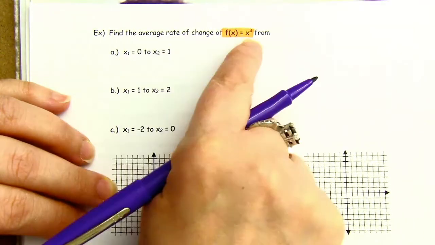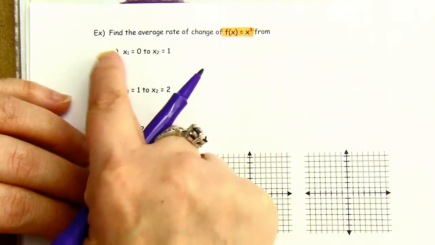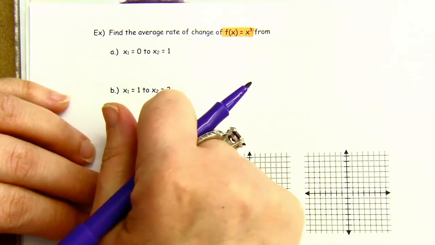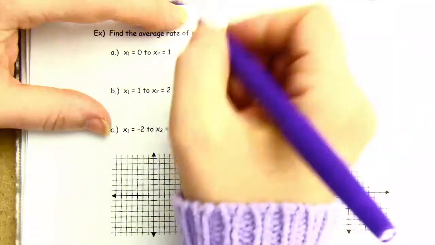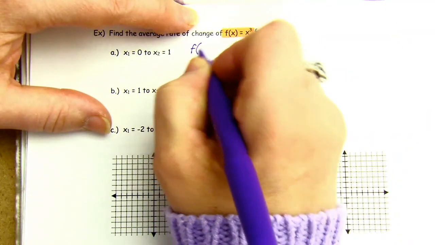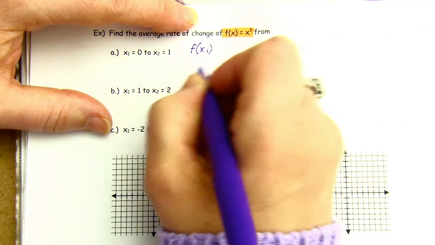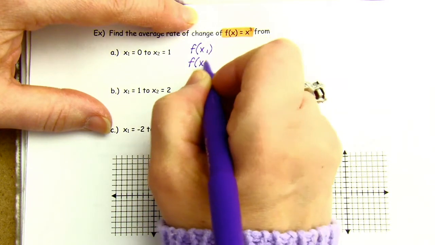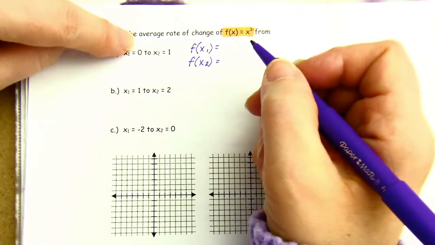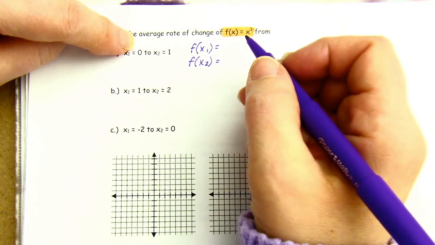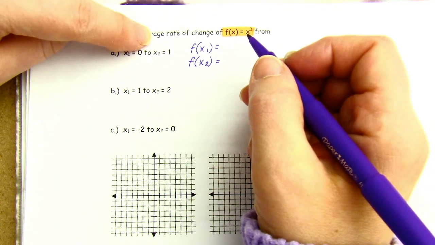I'm given the function, and I'm given two x values. I have to compute and find the y values. I have to find f of x sub 1, and I have to find f of x sub 2. Right? I'm really finding f of 0 and f of 1.